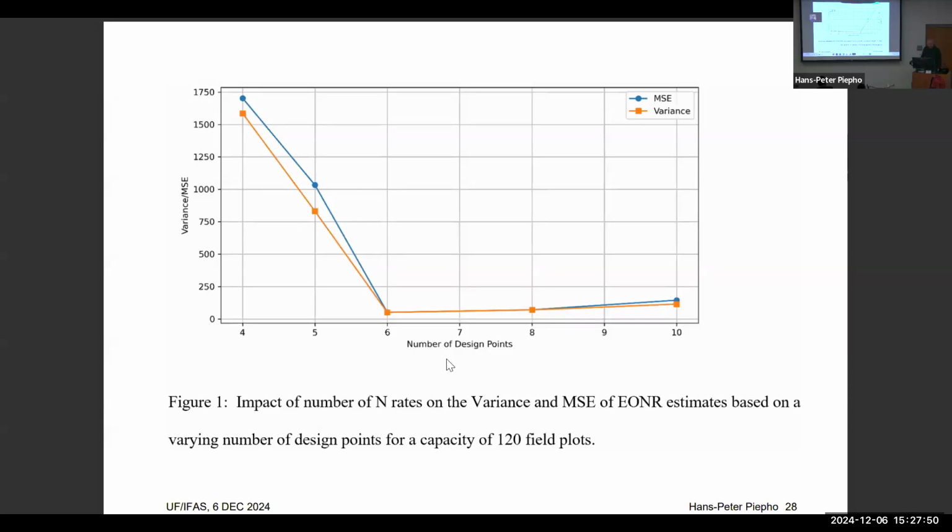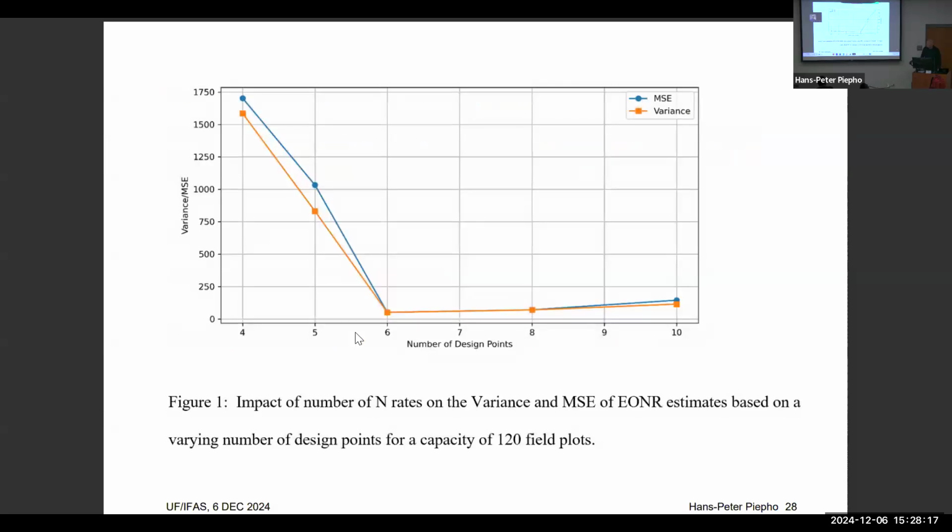So here we can also clearly see that the best design has six N rates. And that's interesting, that you can get away with 6 here, and you don't need 10. And certainly 4 and 5. 4 is the smallest that we used, but 6 is clearly the winner here.